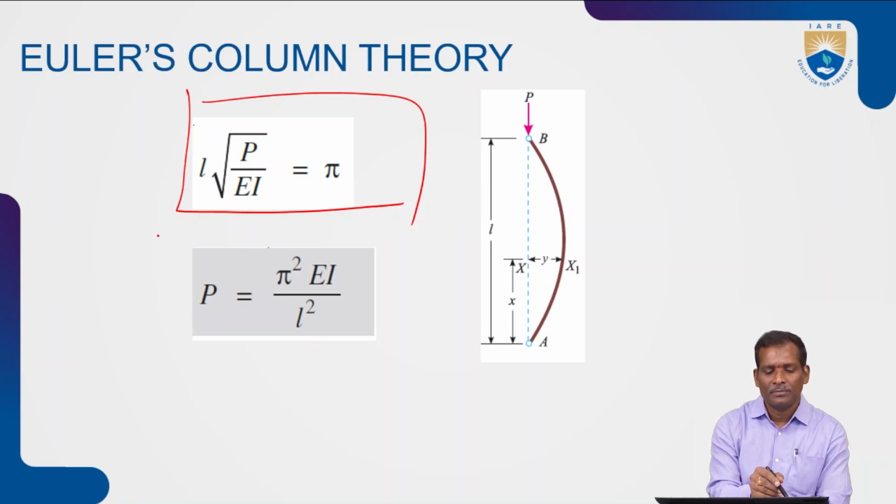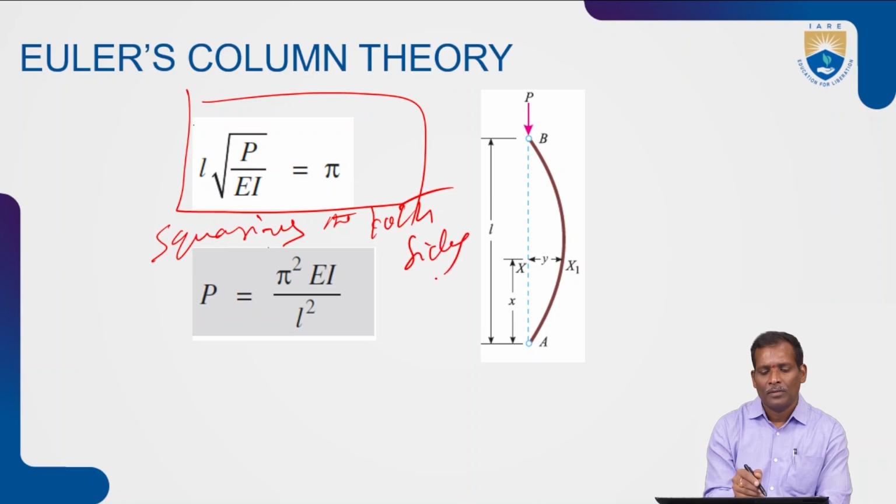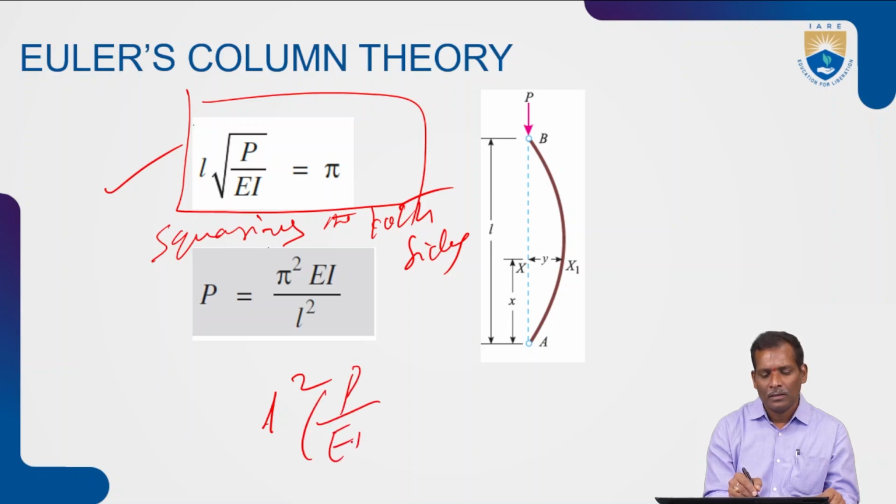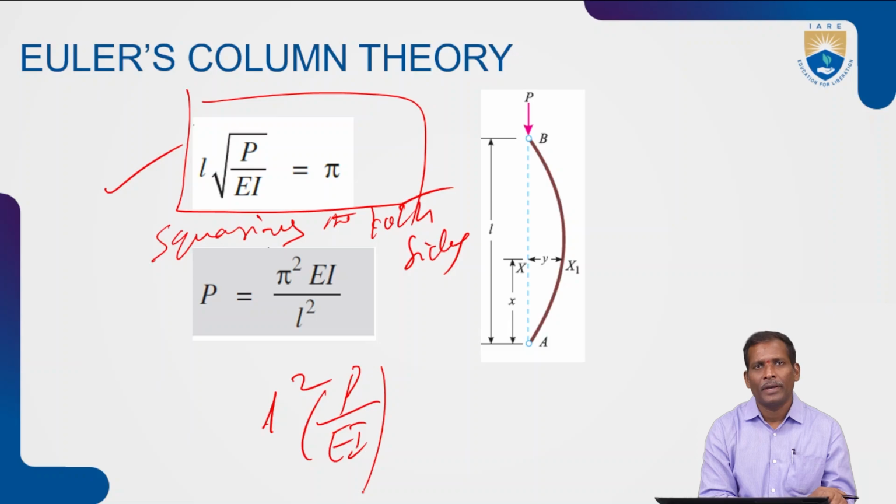Squaring on both sides. So after squaring, what will happen here? L square into P by EI is equal to pi square.